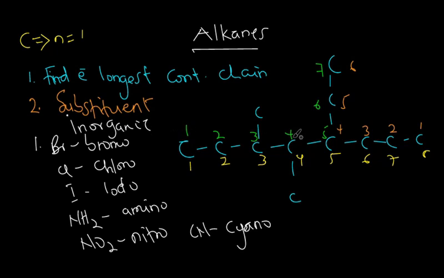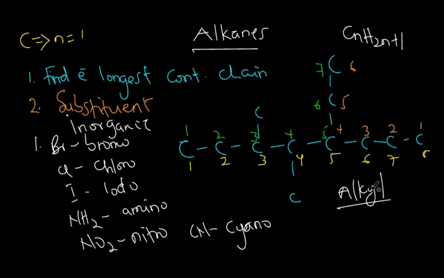Now the organic substituents that we have are the alkyl groups. So what are alkyl groups? Alkyl groups are just alkanes lacking one hydrogen. What do I mean? Remember I said alkanes have the general formula CnH2n plus 2.